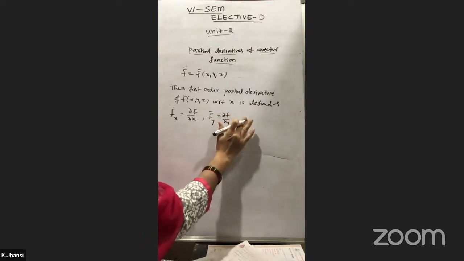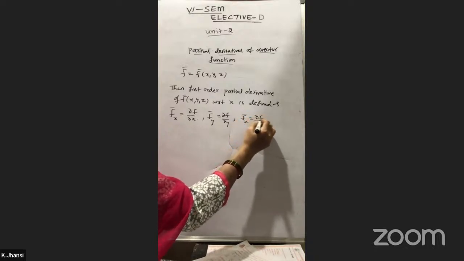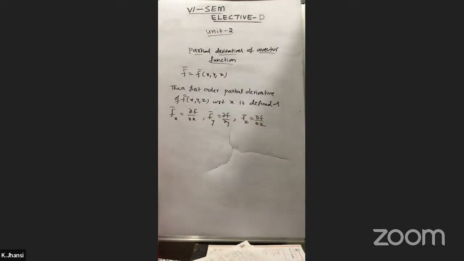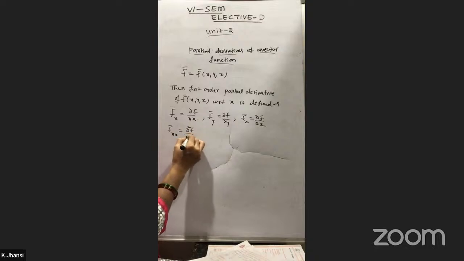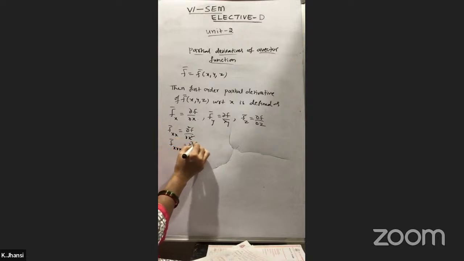With respect to z, it is fz, dou f by dou z. Okay, this is the first order. If we write the second order, fxx, that is dou square f by dou x square. If it is the third order, we'll write dou cube f by dou x cube. So on up till nth order we can write.